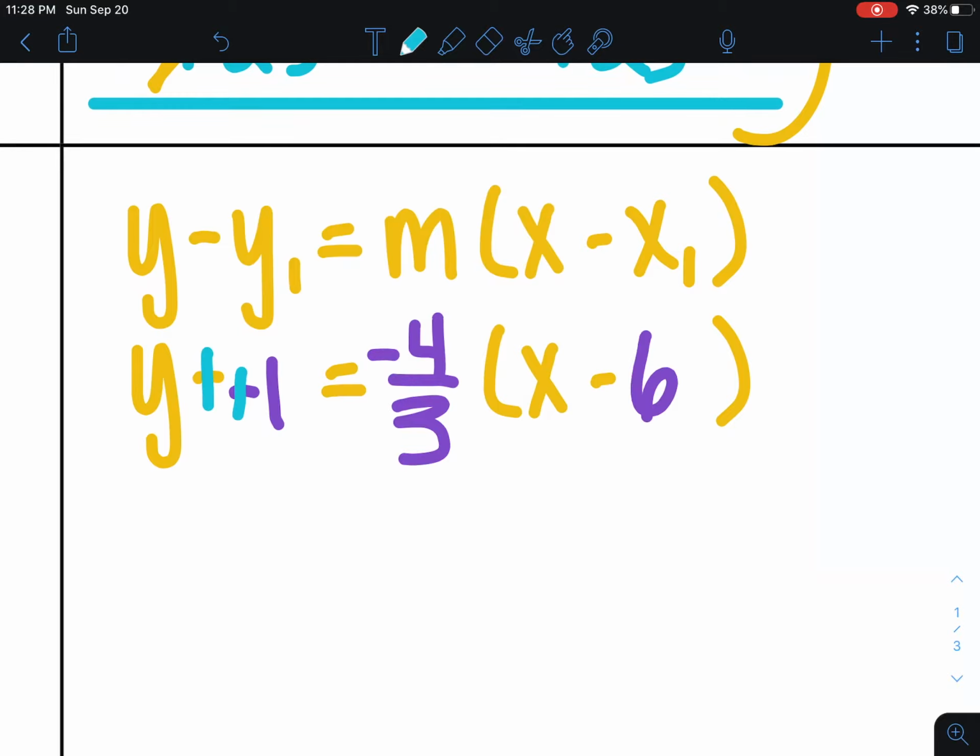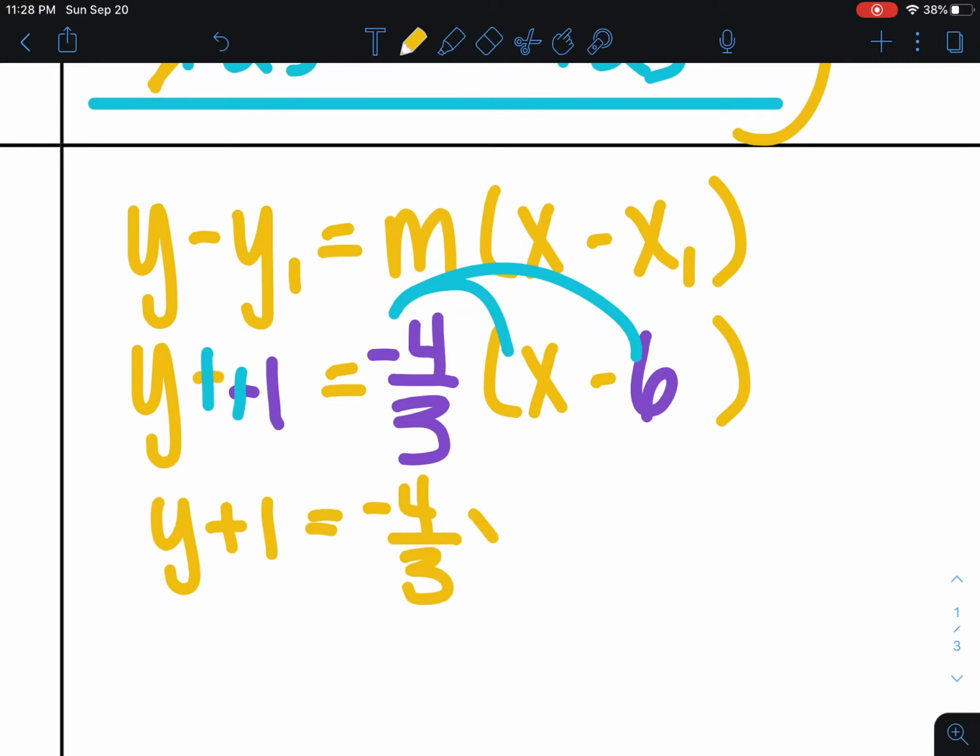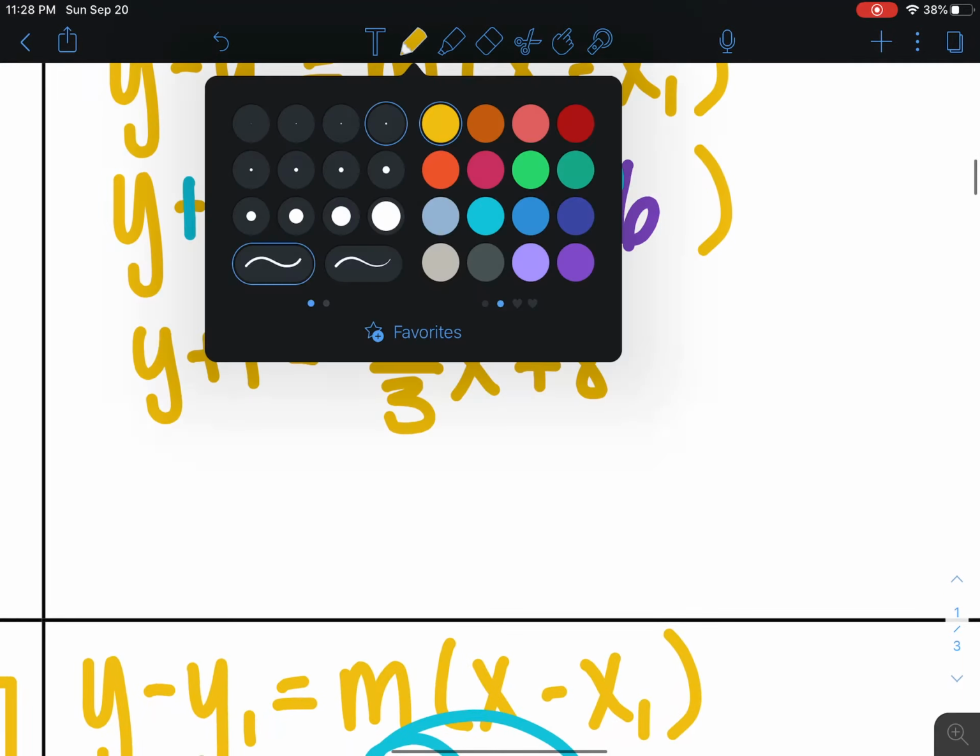Okay, now let's handle this. We need to get this double negative out of here, and we need to distribute. So this is going to be y plus 1 equals negative 4/3 x plus 8. All right. So now, last step, you guessed it.